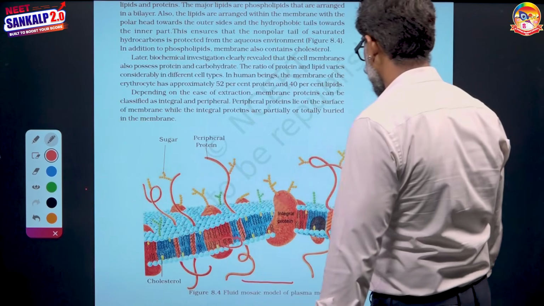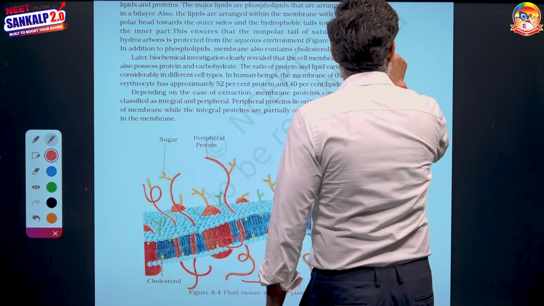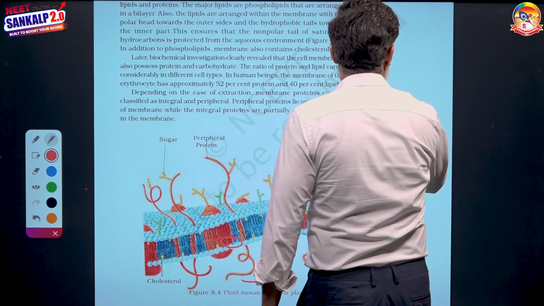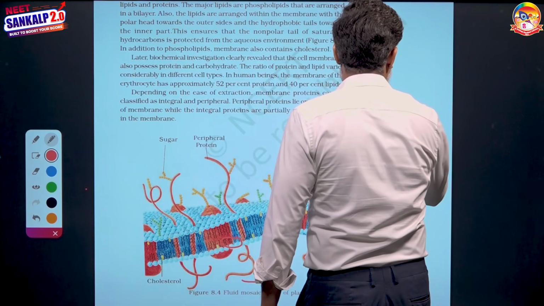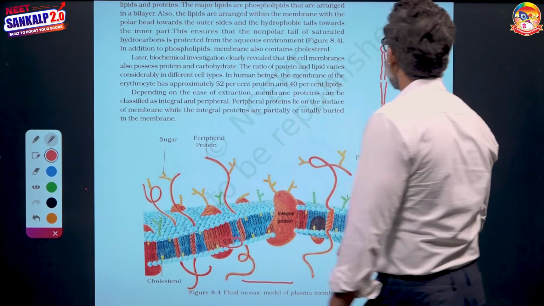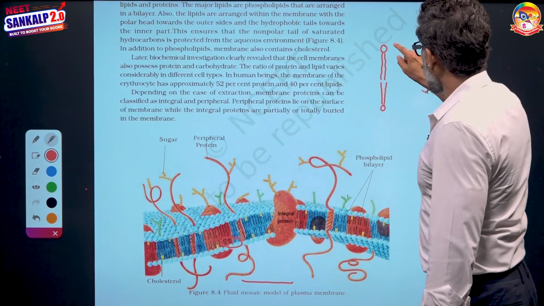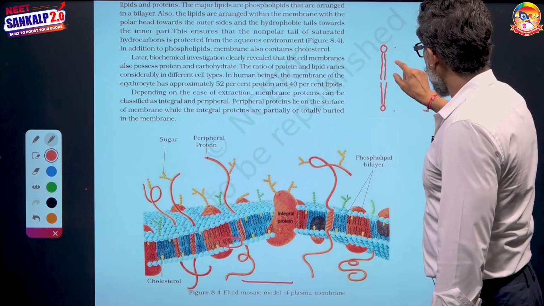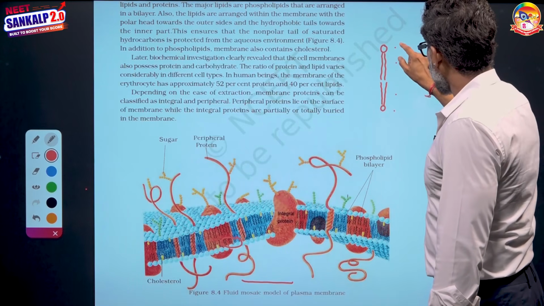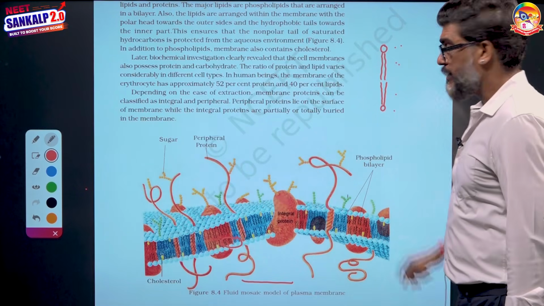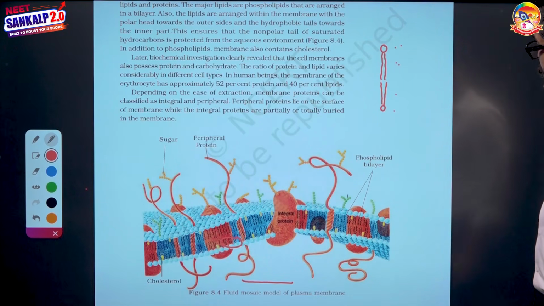Means likewise: polar head, non-polar hydrophobic tail, and then head. So you must remember hydrophilic, hydrophilic, hydrophobic, hydrophobic, polar, non-polar, non-polar, polar. In this manner they remain arranged in a lipid bilayer.